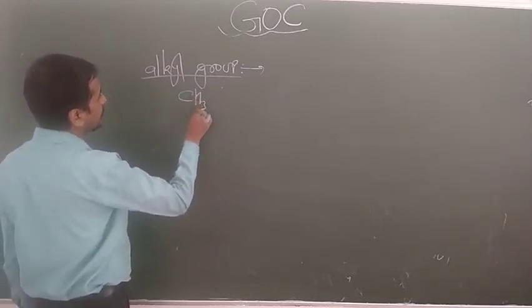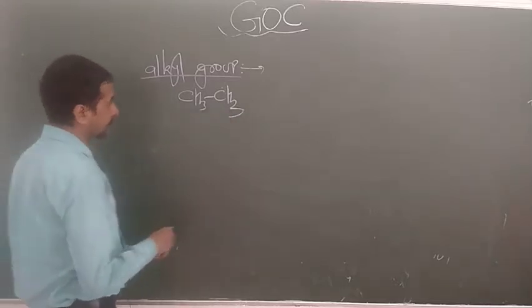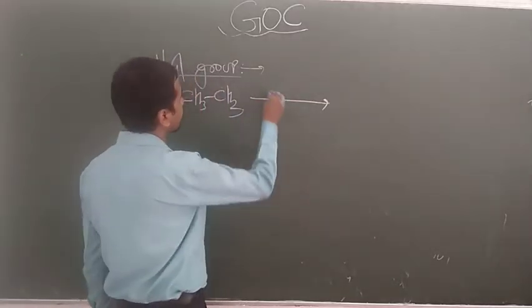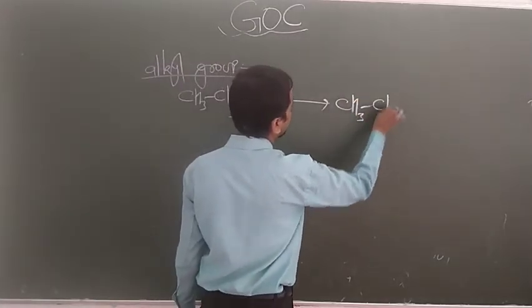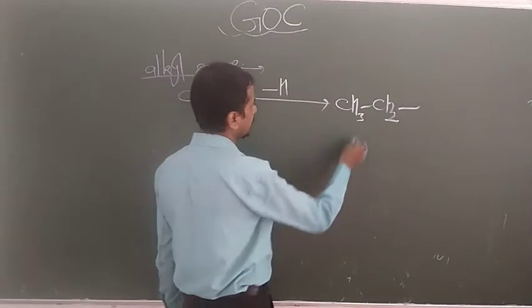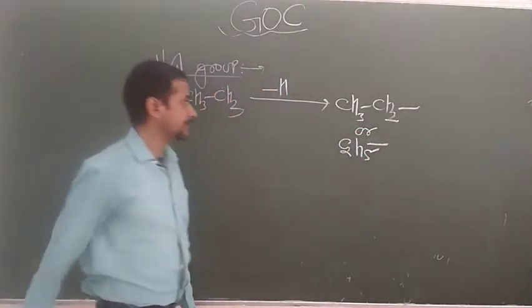Now, if two carbons are there, this is known as ethane. Again, one H is removed. Now the group formed is CH3CH2, one bond is free. Or you can write C2H5, one bond free.